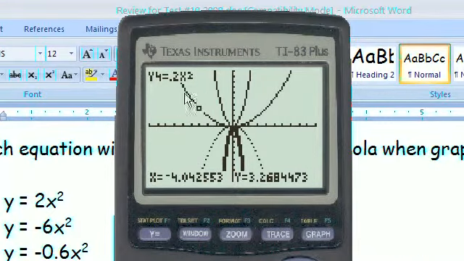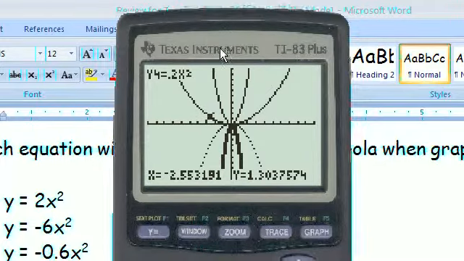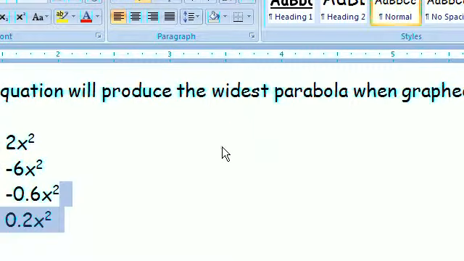We see that the widest one is 0.2x squared. Press up again, the cursor is on that one. Press up again, it's on this narrow one, then this one, and finally the wide one. That's how we can use our calculator to take a look at 18.